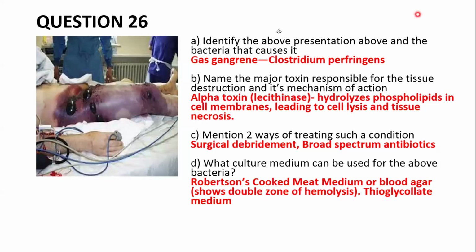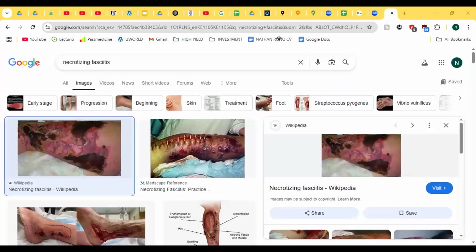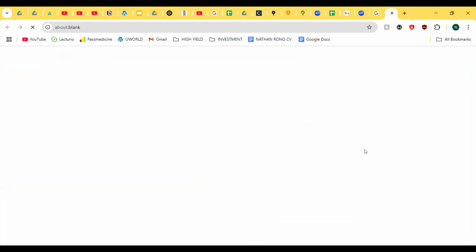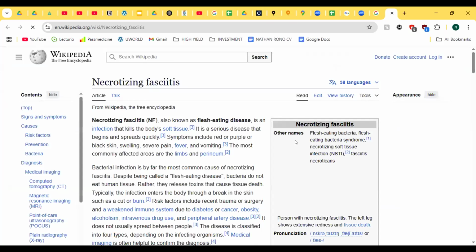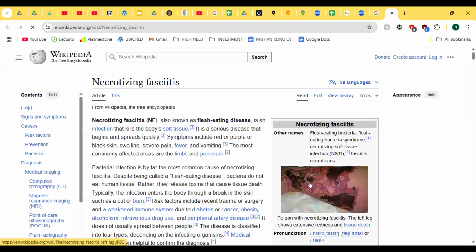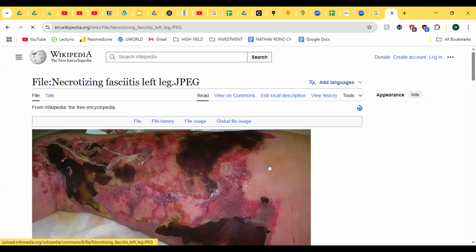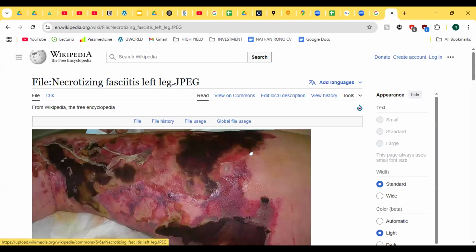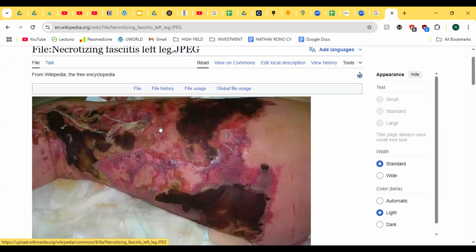Let me show you a picture on necrotizing fasciitis. Now, you can see in necrotizing fasciitis, let's look at this picture. What is happening is the skin is being destroyed. It starts as a cellulitis, then the skin peels off, then it continues to destroy.